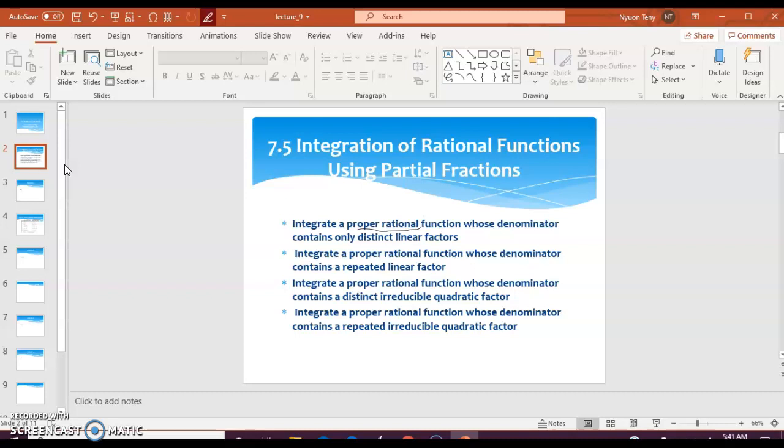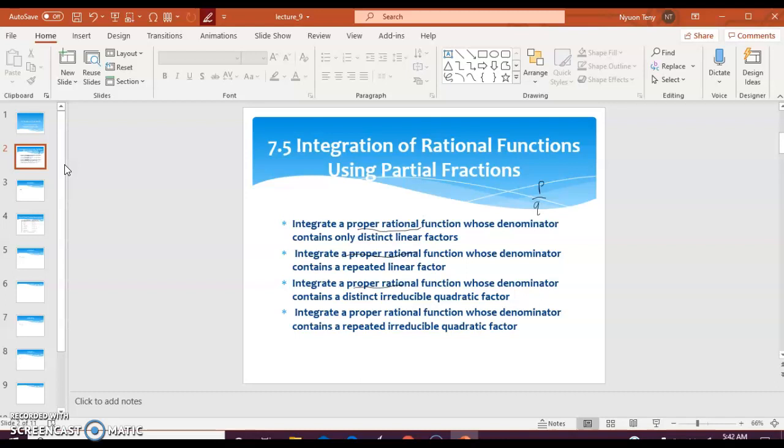In each case, we need to have a proper rational function. That means if I have P over Q, the degree of P must be less than the degree of Q. So the polynomial P must have a lesser degree than that of Q in order to have a proper rational function.